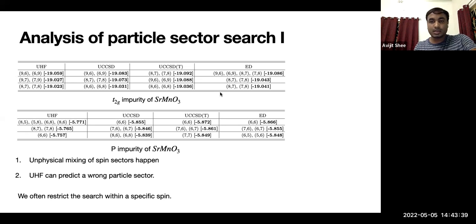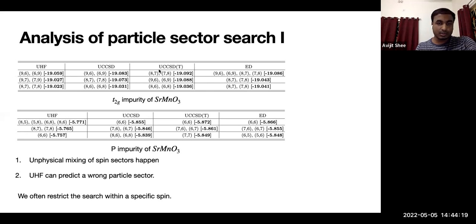And here one can see that ED predicts all these Ms = 3/2, -3/2, +1/2 and -1/2 sectors as having the same energy, and it means that these different Ms, different spin states, are combined together for a particular spin multiplicity state.